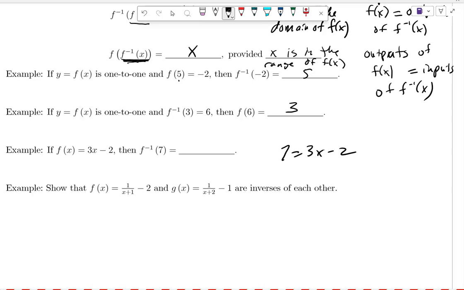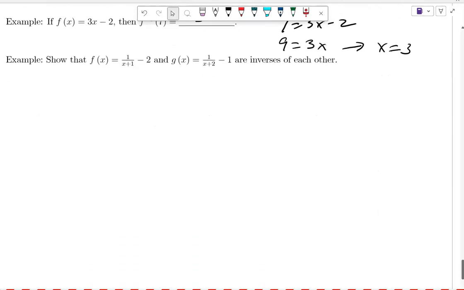So in this case, we know the output is supposed to be 7, and we need to figure out the input. Can you solve that for x? Not too bad to solve it for x, is it? Add 2 and divide. So again, this is just asking us for an equation to solve. We know the output was 7. The input associated with that must be 3. We just solve the equation.